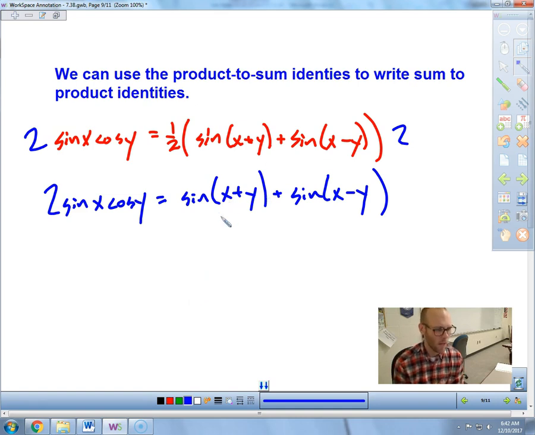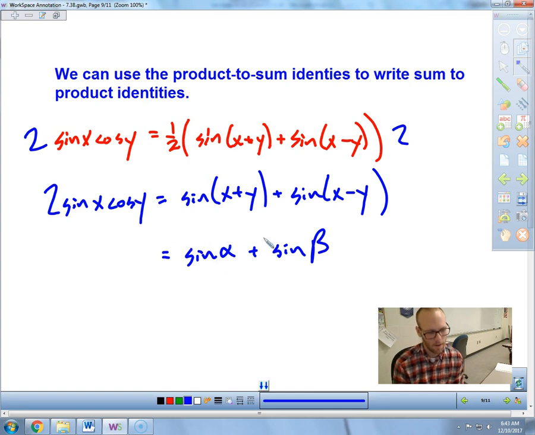So what I want to do here is replace this with just one angle. Because I already have x's and y's in here, I'm going to choose a different letter, and I'm actually going to go Greek on this. Let's just call that alpha. And I'm going to call this angle beta.